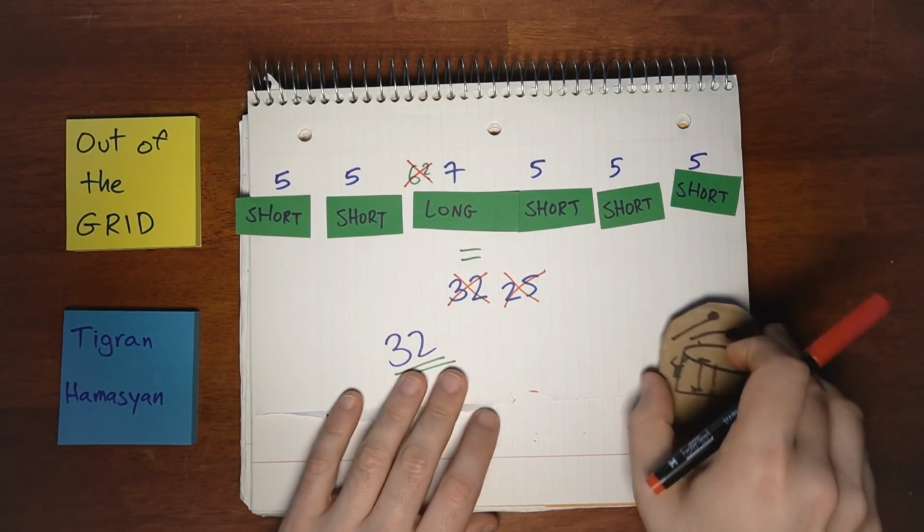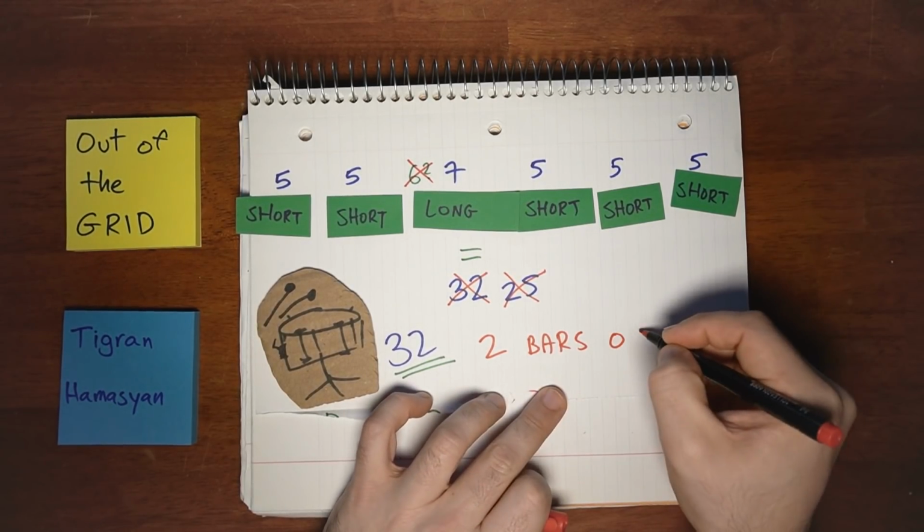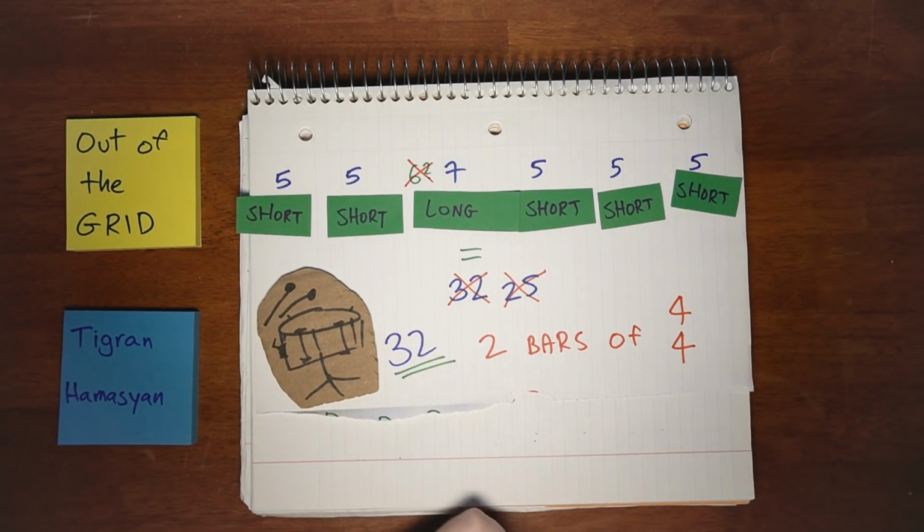This is enough for me to call this 4-4, which means that if we go to the beginning of the song, I'm pretty sure that the correct way to count this would be this.